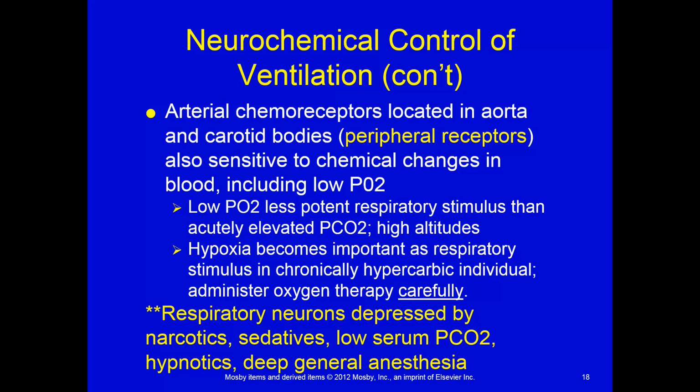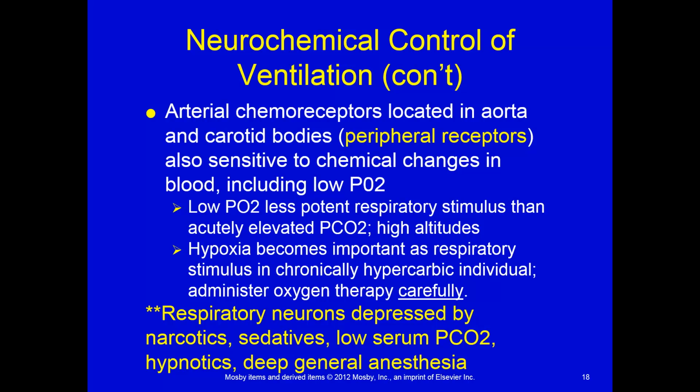Good. So again, these respiratory neurons can be depressed by low serum PCO2, but also things like narcotics, sedatives, hypnotics, anesthesia. So we're talking about someone going under general anesthesia for surgery. All of these things can dictate their neurochemical control through their central receptors and their peripheral receptors in terms of CO2 and oxygen levels. Okay.